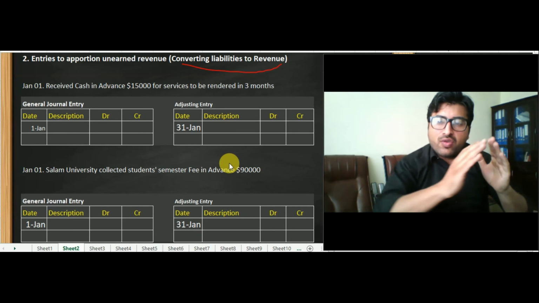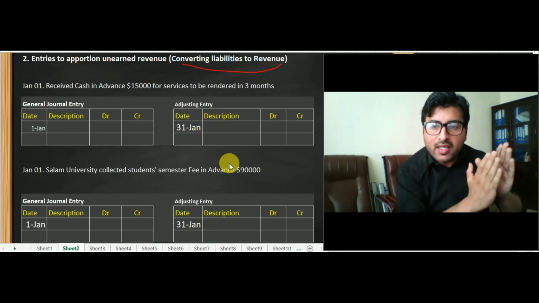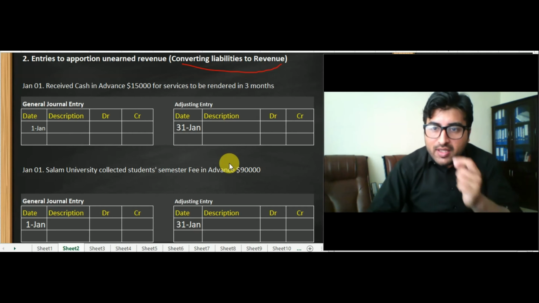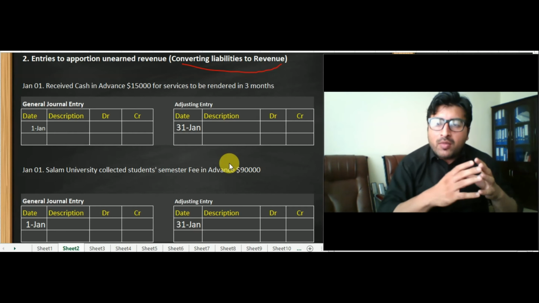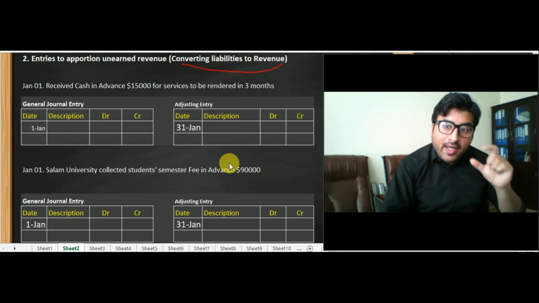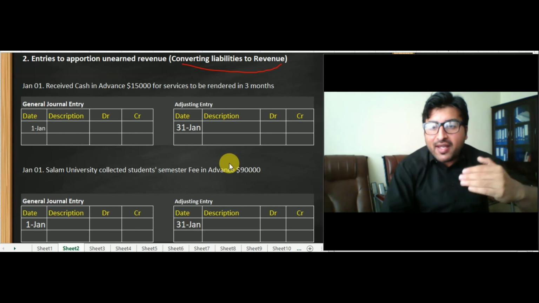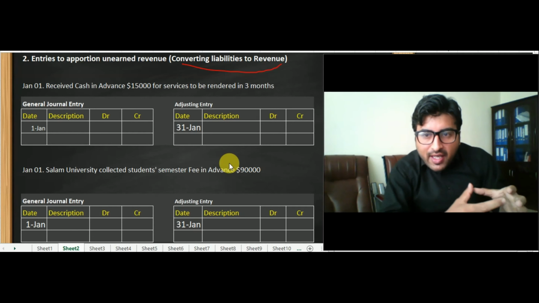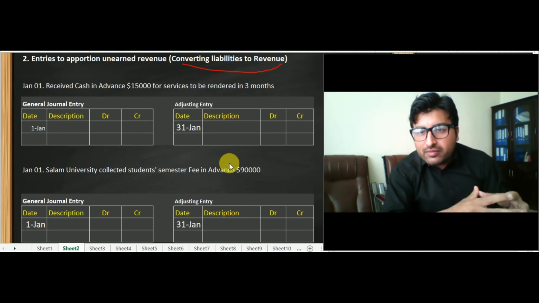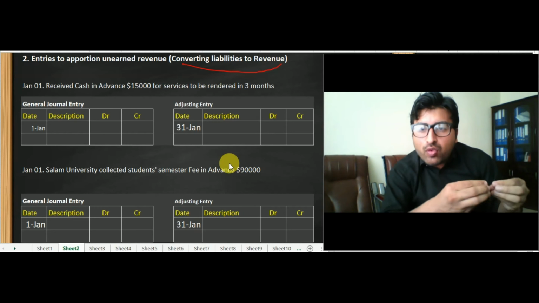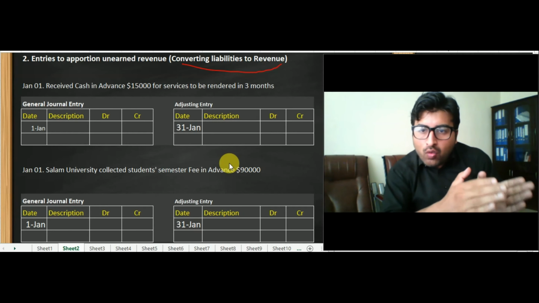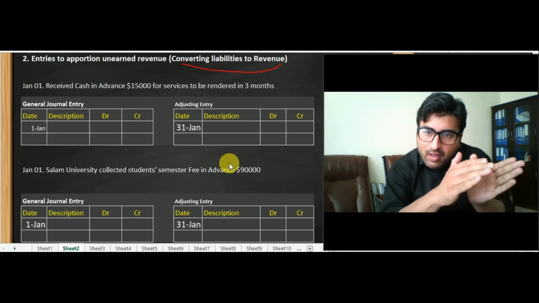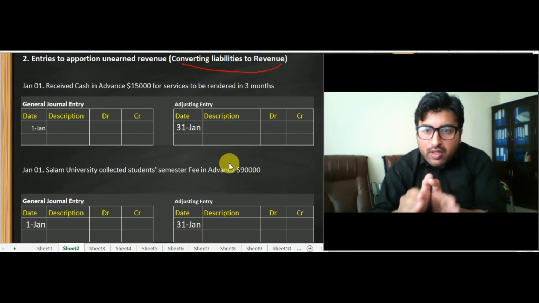Because the business should debit cash and credit not a revenue. So what should be credited? Liability account. Why? Because when you receive cash in advance for services to be given in the future, then you cannot treat this cash as revenue, because you have not yet provided the services. Once you provide the services, then you should convert those liabilities into revenues.